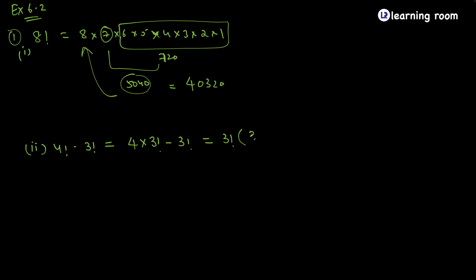So 3 factorial into 4 minus 1, which is 3. 3 into 6 is going to give us 18. If they give you 40 factorial minus 39 factorial, you'll do the same. Right? 18.